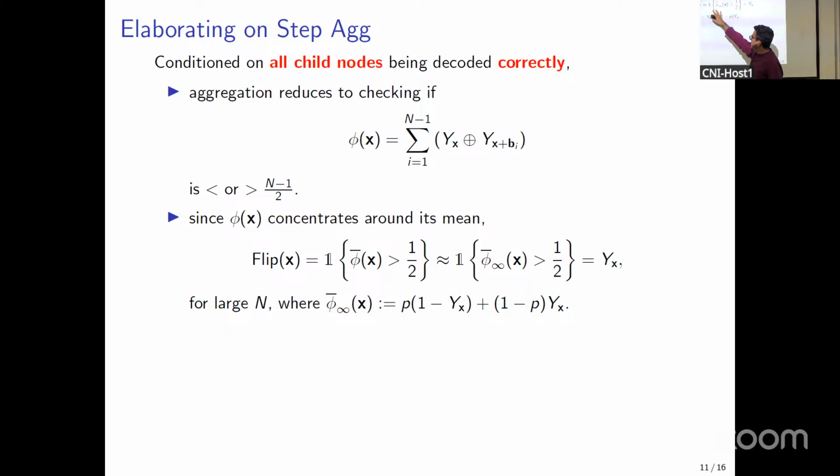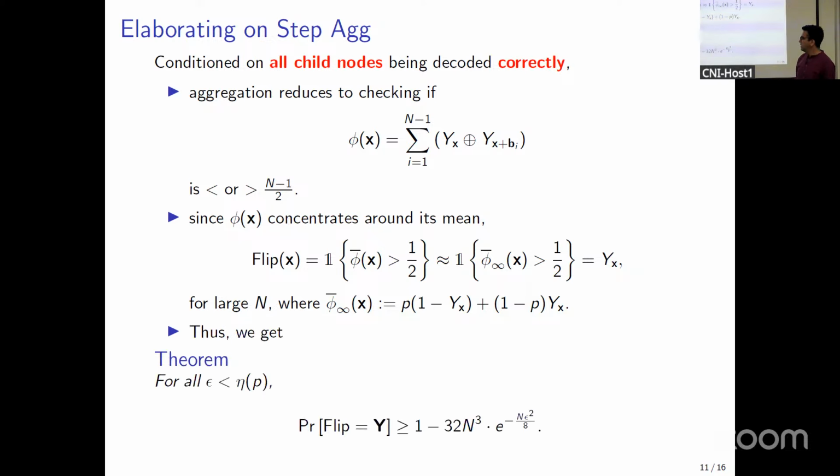And interestingly, the indicator that phi bar x is larger than half is the same as yx itself. So your flipped x vector is going to equal yx with really high probability. Or in other words, your decoded estimate, that is flip x plus yx, is going to be 0 with very high probability. So that is just the essence of this analysis.